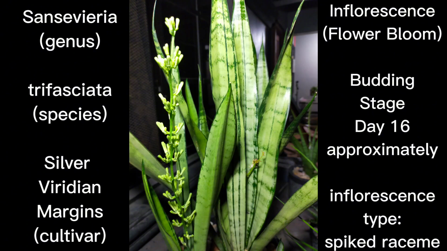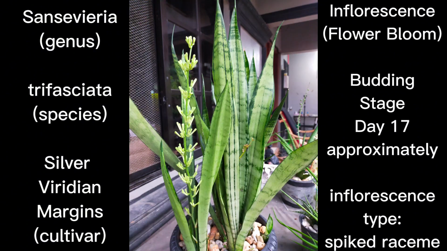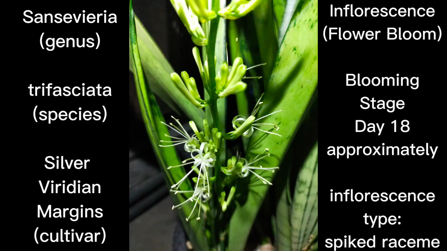So right now I'm showing you the middle stages of the inflorescence. We are still on the budding stages, day 17, and the flower stalk has already grown to a very significant height.